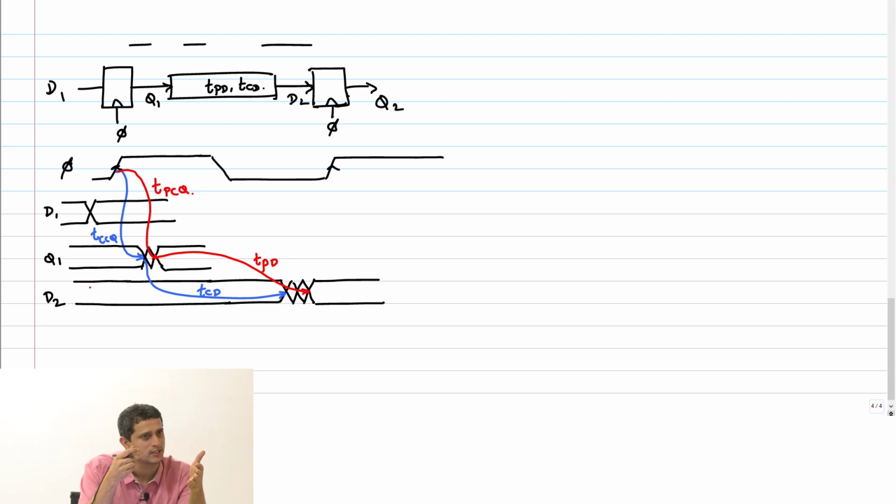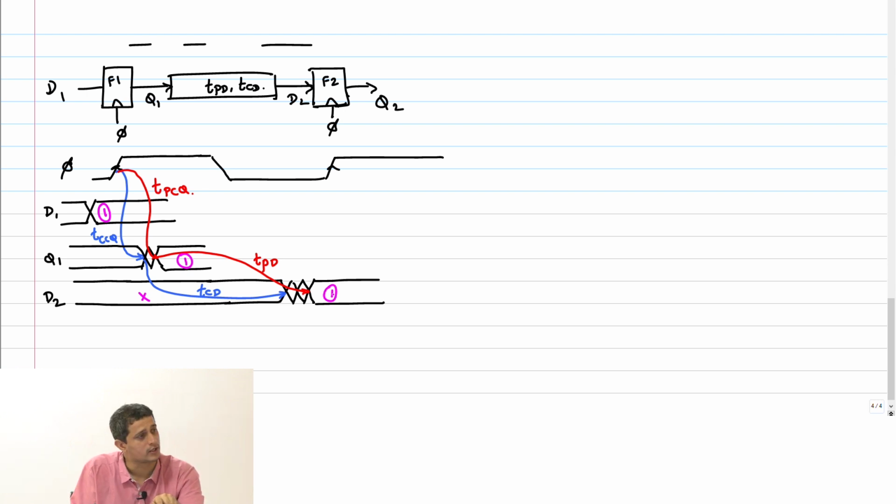Now, remember D2 was earlier holding some state from the previous evaluation. That state has changed and that now needs to be captured by the flop F2, okay. Flop F2 has to capture this new state appropriately, right? So what I'll do is I'll just put an event here. This event is reflected here and this event eventually reflects here. It is this event that has to be captured, not this one. Okay.